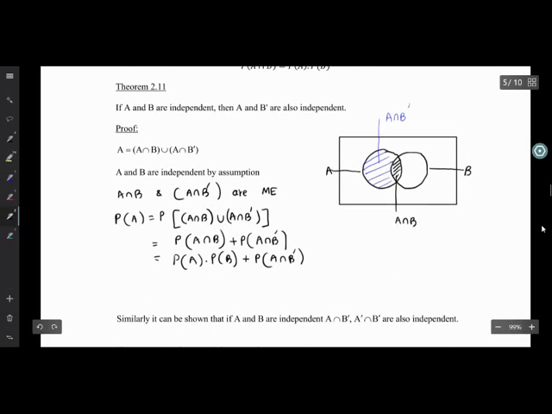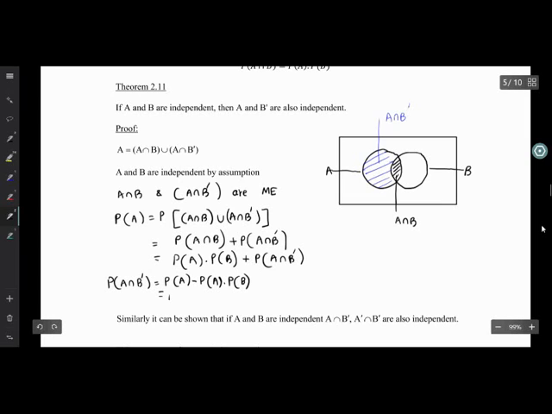Moreover, we can write the probability of A intersection B prime, or not B, as P(A) minus P(A) times P(B). Right? So that is from reorganizing the last line of the proof.